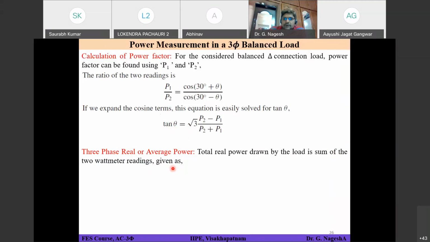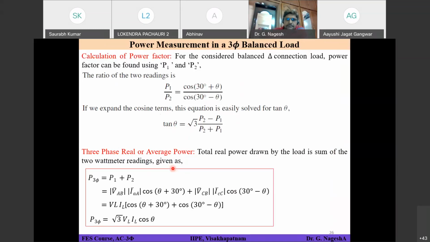So if you remember, in the last class we discussed what the total power is. It is root 3 VL IL into cos theta. This is the total three-phase power. So from the readings of the two wattmeters, if the load is balanced, you can find out the power factor angle. And whether the load is balanced or unbalanced, whether the source is balanced or unbalanced, whatever it may be, the total three-phase power is simply P1 plus P2.